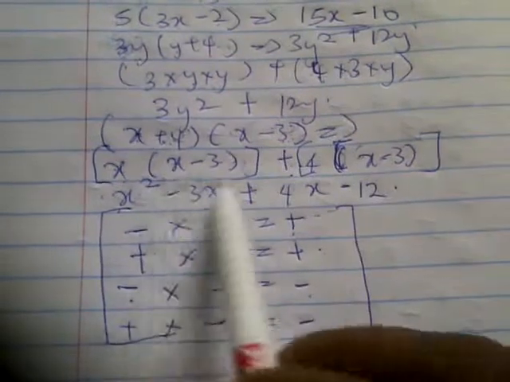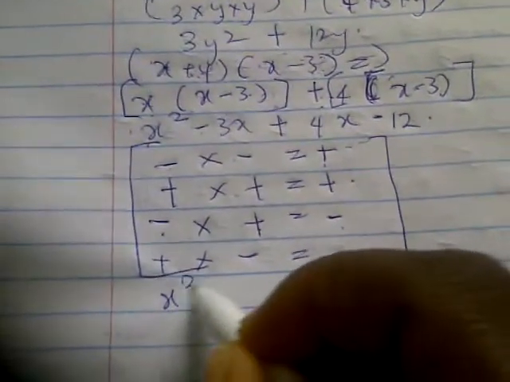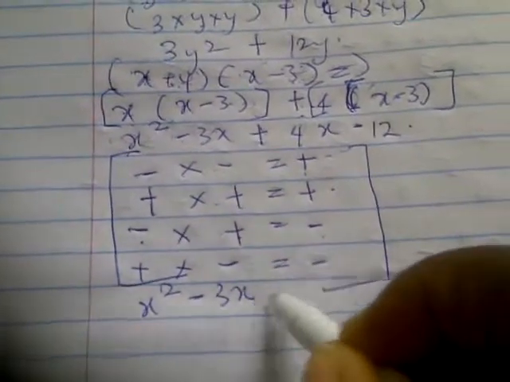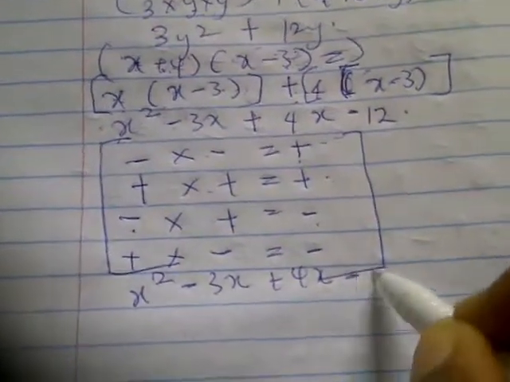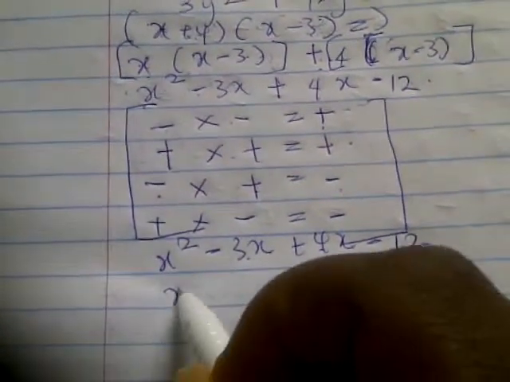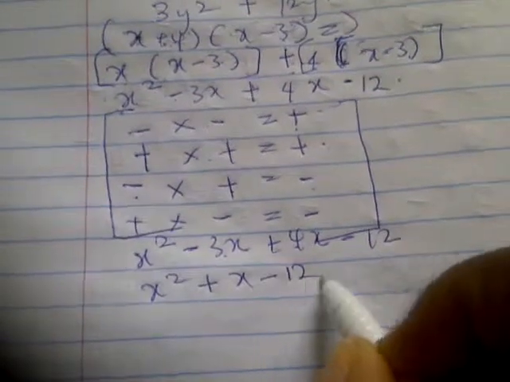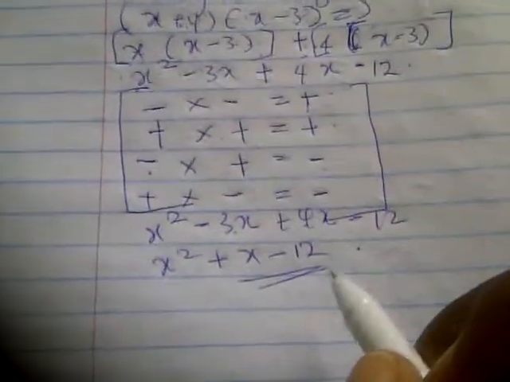Then when you work everything down, you now gather like terms. You have x squared minus 3x plus 4x minus 12. Now 4x minus 3x is x, so you have x squared plus x minus 12. Now this is an expanded form of that.